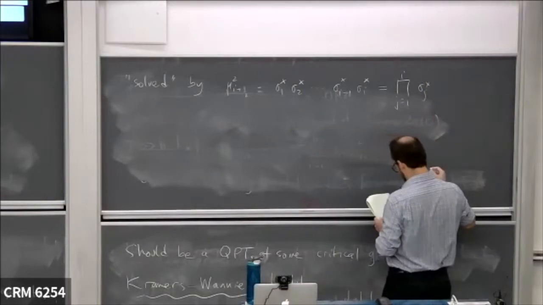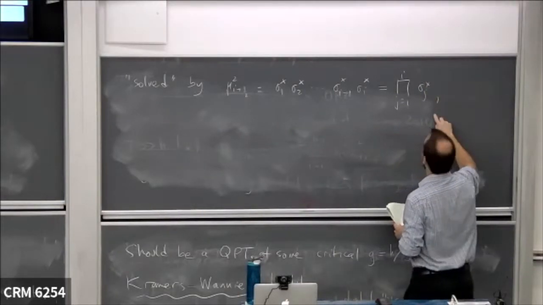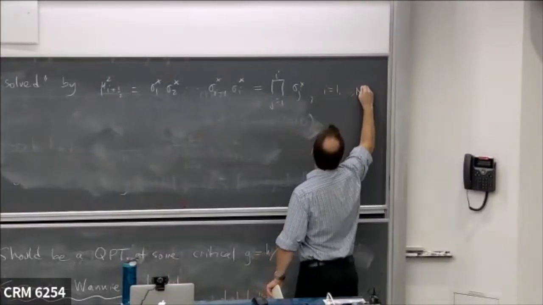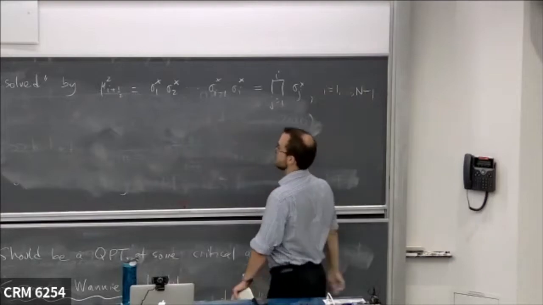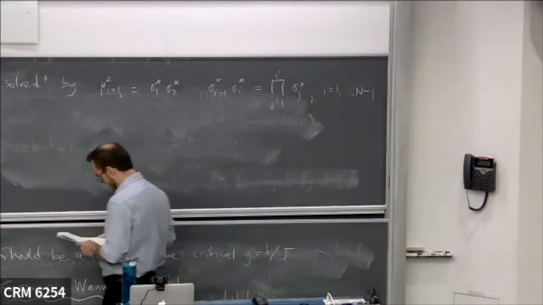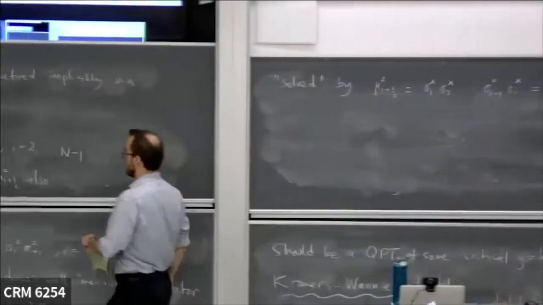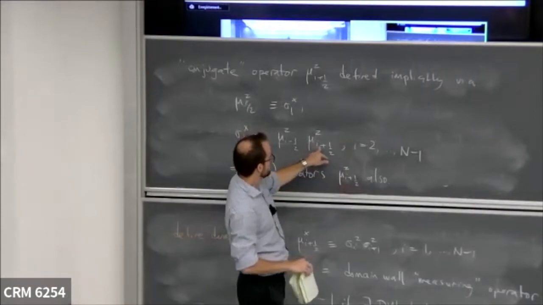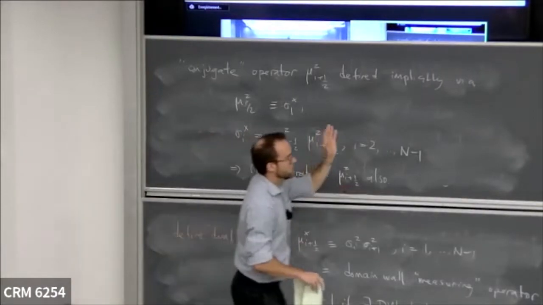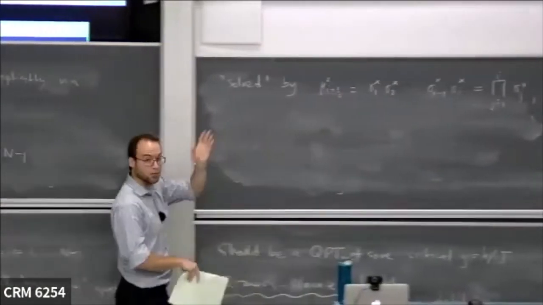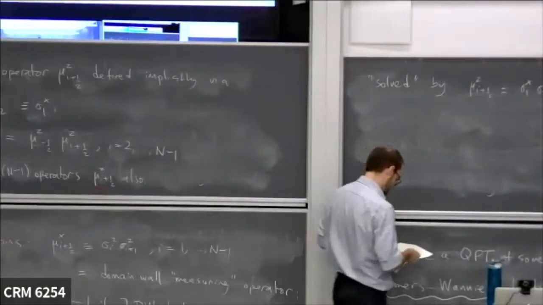I can define this or I can write this down. I can check that this solves this equation for all these values of I. Because if you multiply this string and the same string shifted by 1, then there's a bunch of products of sigma x that appear twice, squaring to 1, and then I'm left with 1 sigma ix.